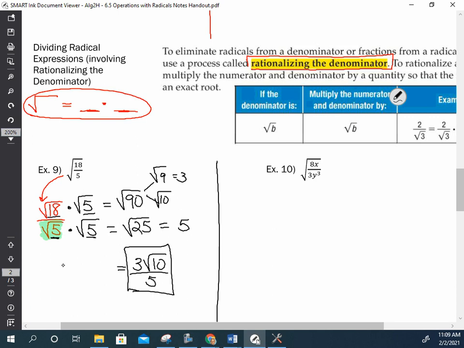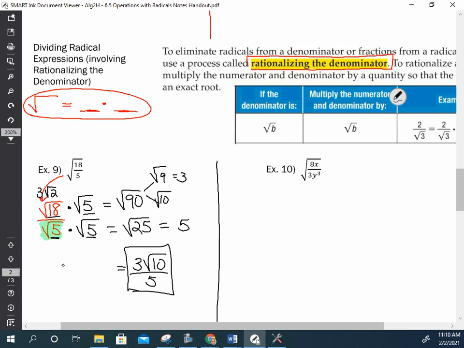Questions, example 9. You wouldn't be wrong if you wanted to break down 18 to get 3 square root of 2, that's fine.